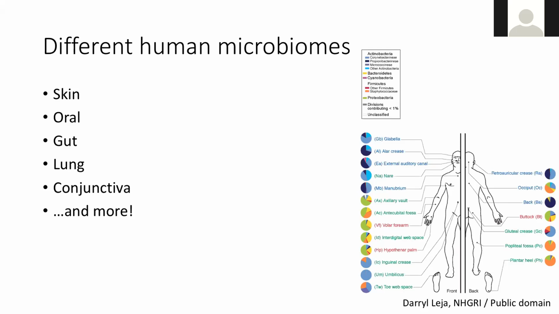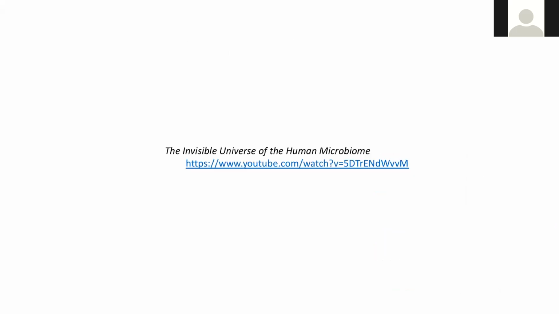This is just a general assembly of information, not one particular individual, but you can see that there's a huge diversity of the number and the variety of the different bacteria that are present in different human microbiomes. So this is something that is of particular interest and medical relevance, and this is why we're taking a look at it. So I'd like now to show you another film which will help you understand these microbiomes.